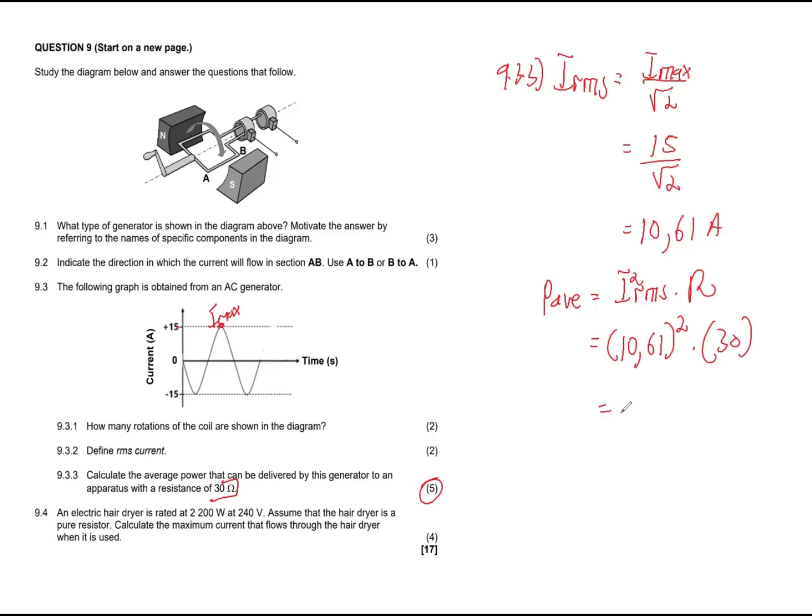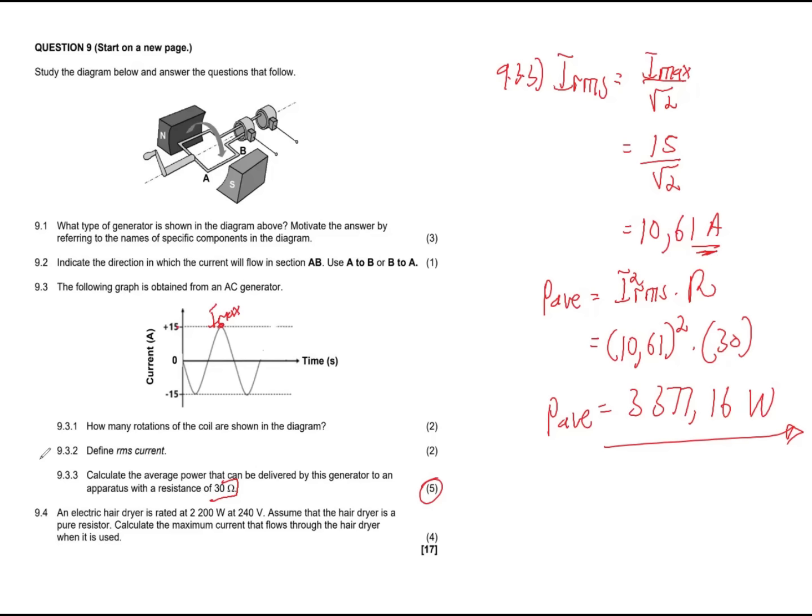So if I take that value and then multiply by 30, what am I going to get? So 10.61 squared multiplied by 30, that's 3,377.16 watts. For the sake of the question, let's just use this, 10.61. That's the value that we get from using this value that is rounded off there.